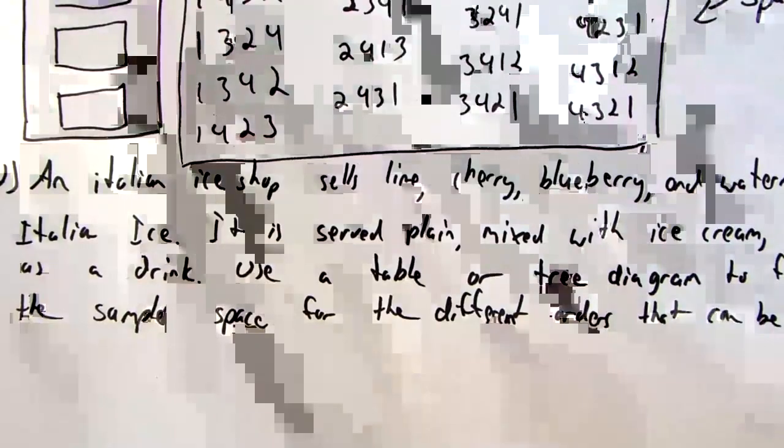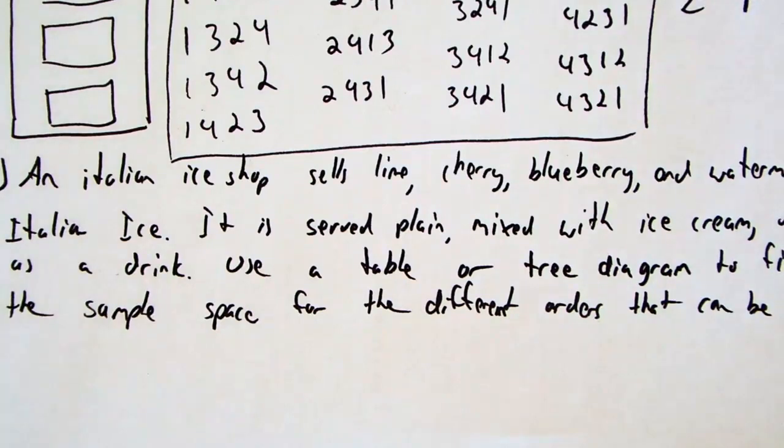Example 2. An Italian ice shop sells lime, cherry, blackberry, and watermelon Italian ice. It is served plain, mixed with ice cream, or as a drink. Use a table or a tree diagram to find the sample space for the different orders that can be made.